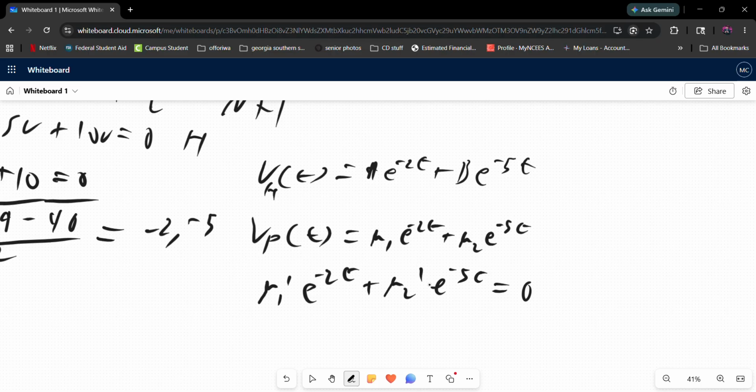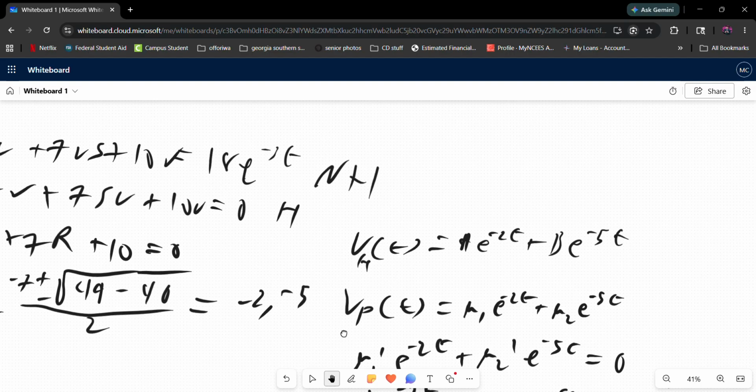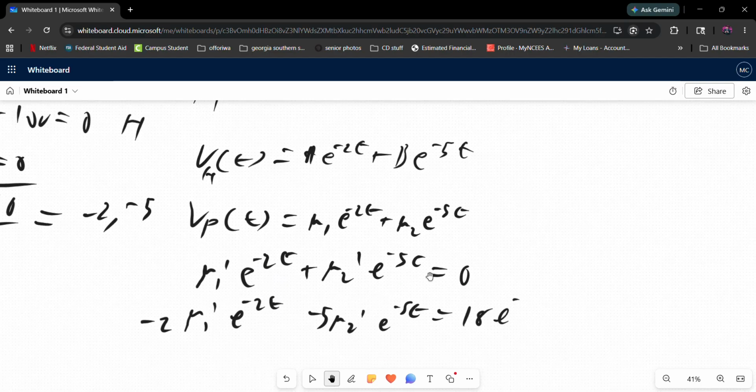This is how you solve; it's the core assumptions that you have to make to use variation of parameters. And so we have negative 2 mu1 prime e to the negative 2t minus 5 mu2 prime e to the negative 5t equals the forcing function, in this case 18 e to the negative 3t.